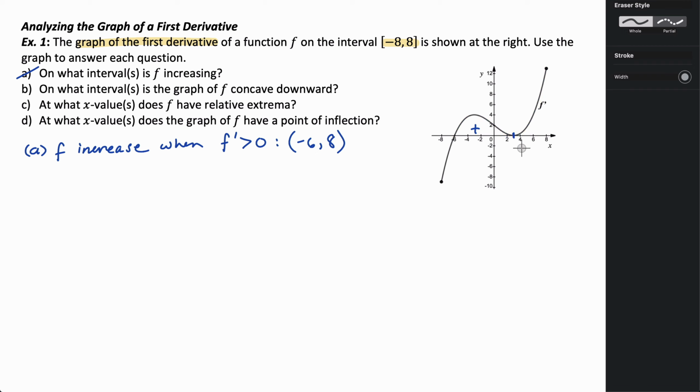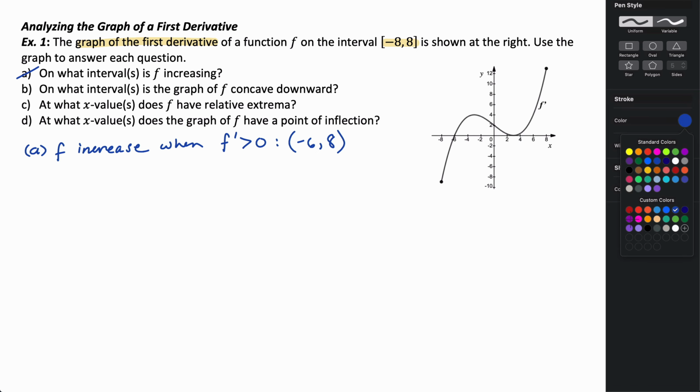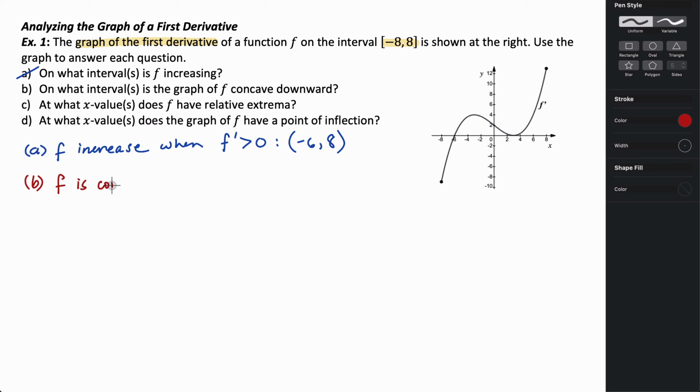Part B is asking about concavity. So when is the function concave downward? By the definition of concavity, if you remember, f is concave downward when the derivative is decreasing.